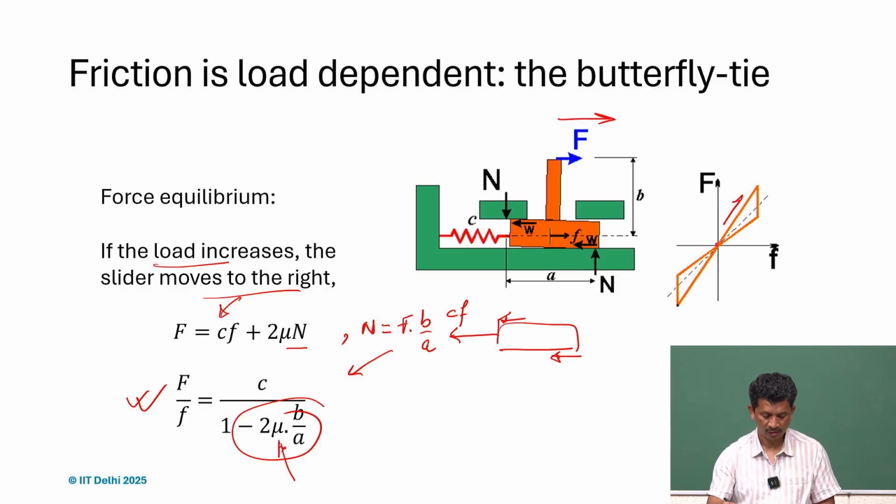So it starts from 0. The good thing is that when force is 0, there is no deflection. But as we start increasing the force, we can see that it is load dependent, that it varies. As it moves, it will move in this direction with this slope.